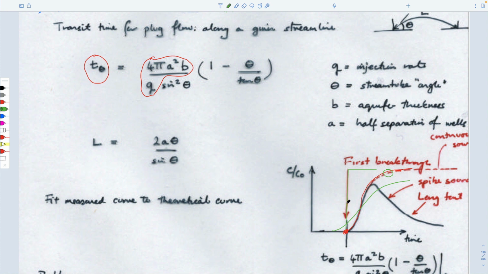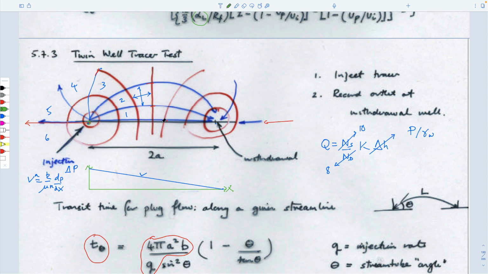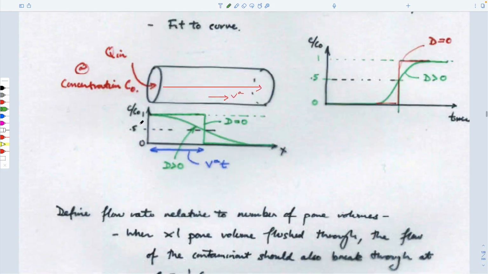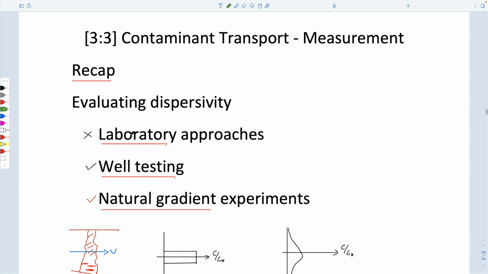And so if you have that added effect of the geometric dispersion due to the flow regime, it makes it tough to pick out any superimposed dispersion due to the mechanical dispersion of the porous medium. And so that as well, if we go back to here, doesn't work out very well in terms of using it as a well testing method.